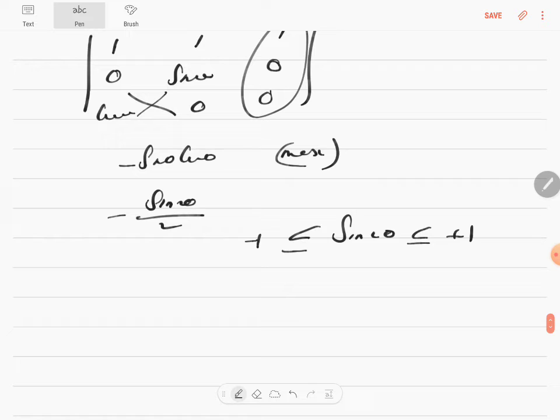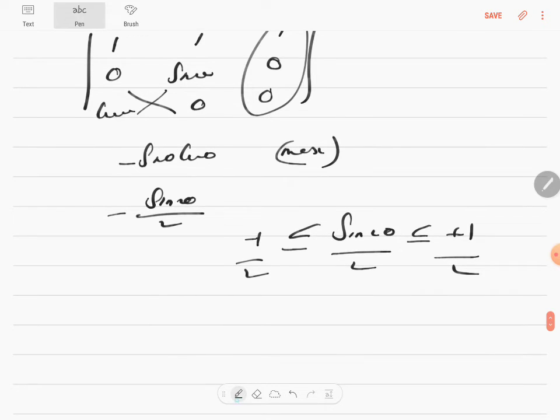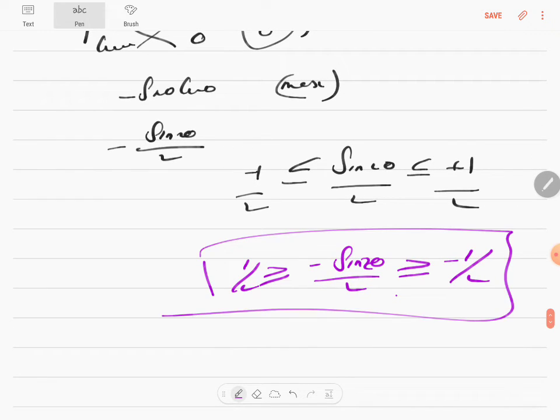You divide every side by 2 and put a minus inside, so the sign also changes. Therefore can we say that it lies between minus half and plus half, and so the maximum value of the determinant is half.